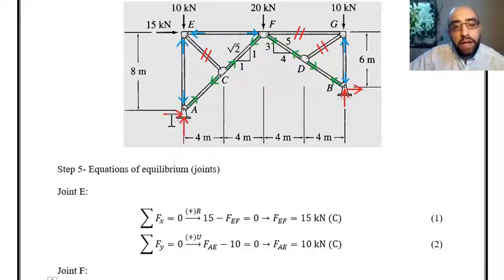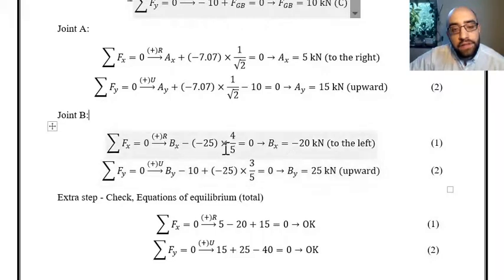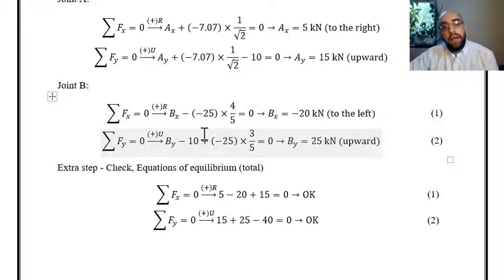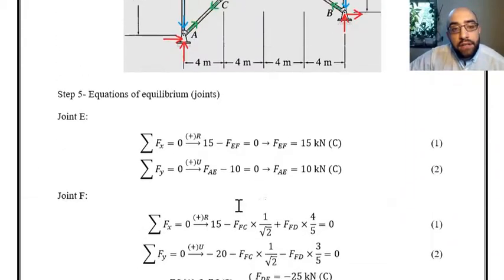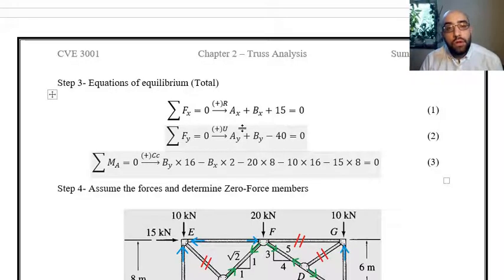So we could find the two reactions at A, and now I can look at joint B, write similar equations, and find the reactions at joint B, as you can see over here. Very similar to what we did for joint A. In the last step, I have just returned the values that I found as the reactions at A and B to the equations that we wrote at first for the total structure, equations 1 and 2.